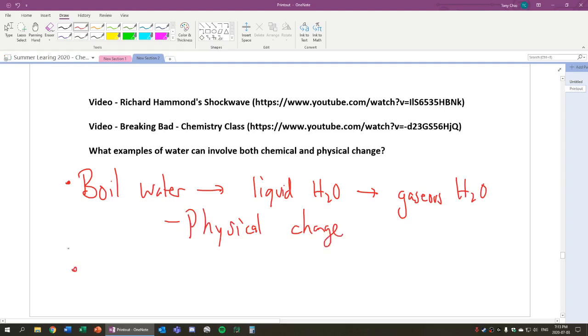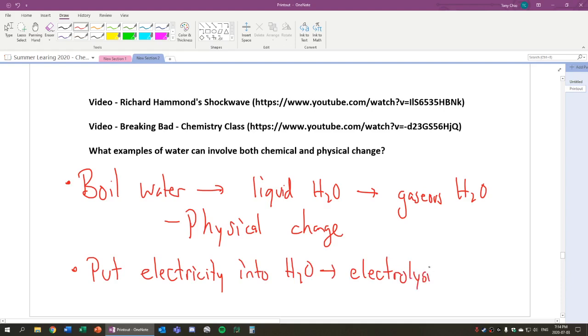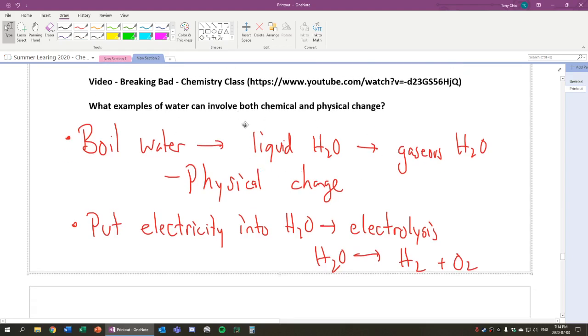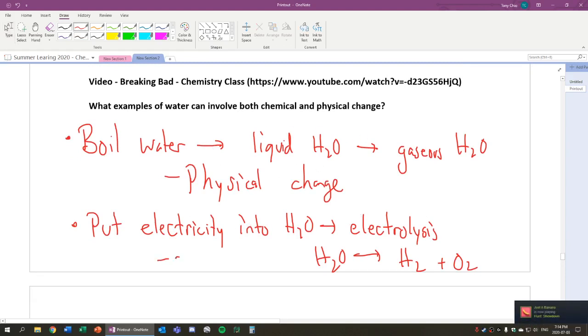But all of a sudden, if you put electricity into the water, we call this electrolysis. And electrolysis is an example of you taking water and you're going to break it apart into hydrogen gas and oxygen gas. So you just created a brand new substance. Now, the energy required for a physical change is actually usually a lot smaller than what you need for a chemical change. So this is the chemical change.